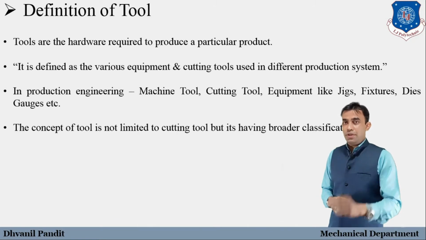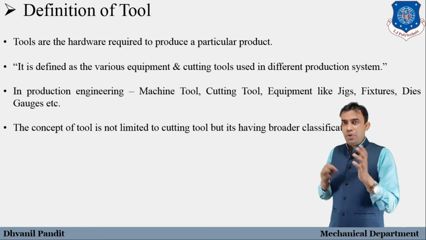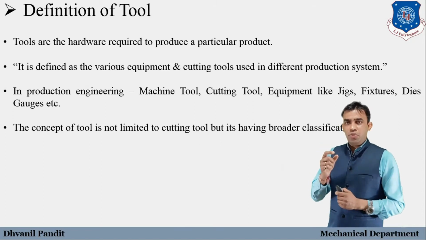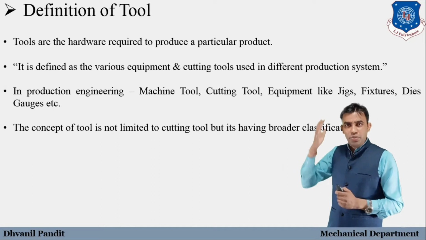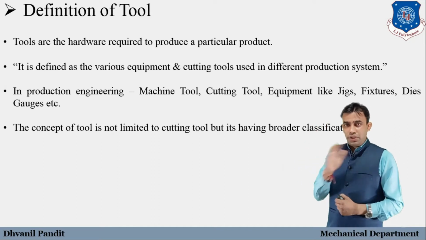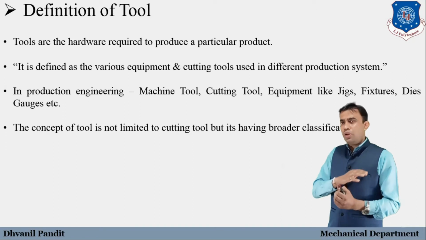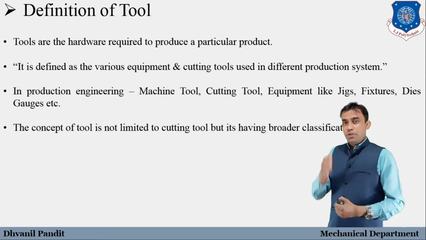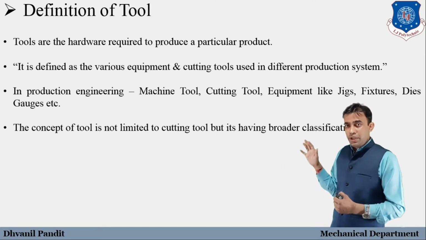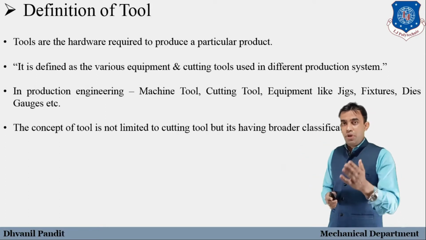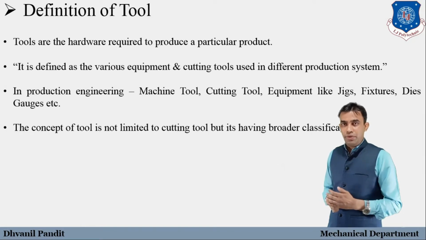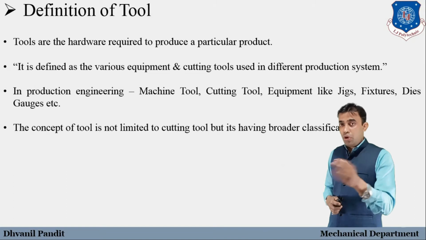Normally, if someone uses the word tool, we only create a virtual imagination of a cutting tool. But it is not all about cutting tool, it is all about a number of different types of equipments. So the concept of tool is broadly defined, and today we are going to understand the classification of tool further. Let's start with one more definition.